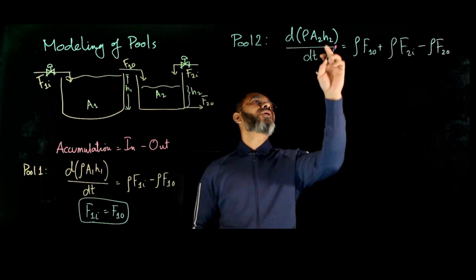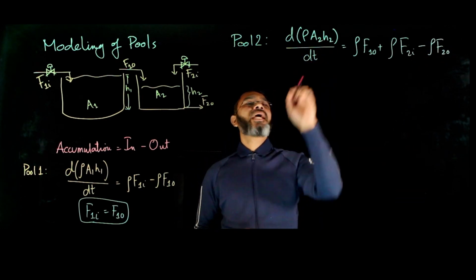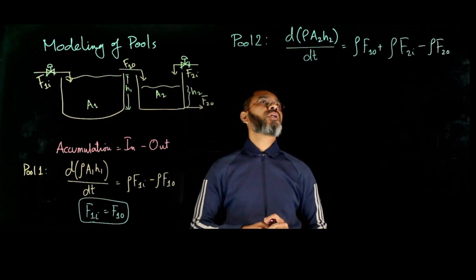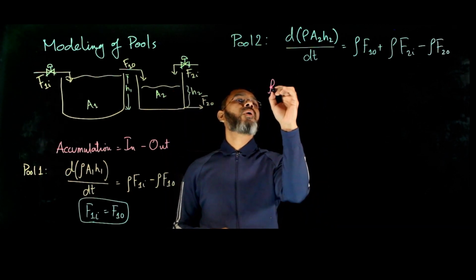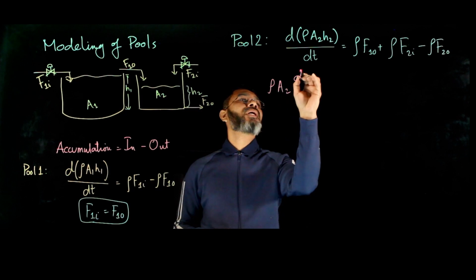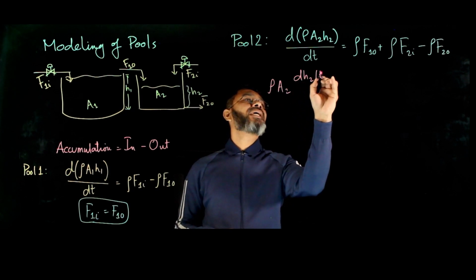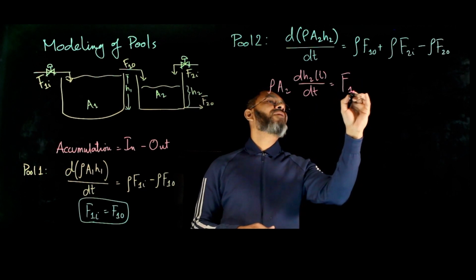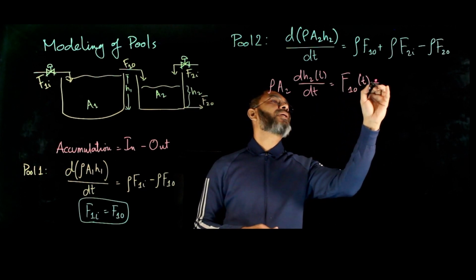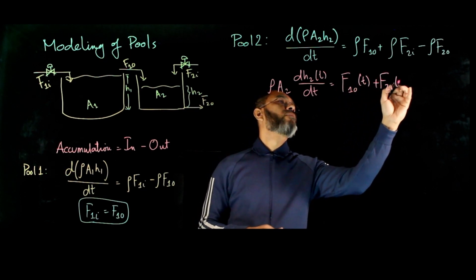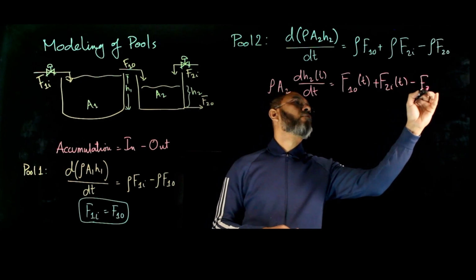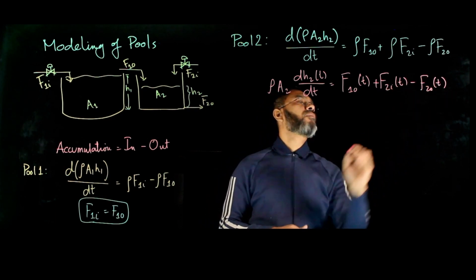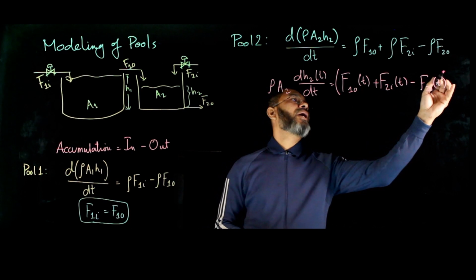Now for pool 2, rho and A2 are constant, H2 is variable, so that's a function of time. So we'll have rho A2 dH2(t) over dt. So all this can be a function of time. We'll write at t. All this multiplied by.